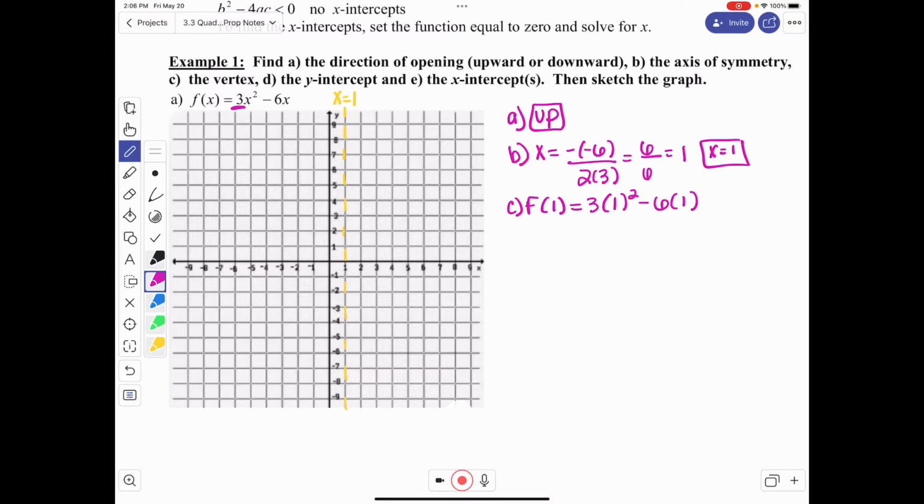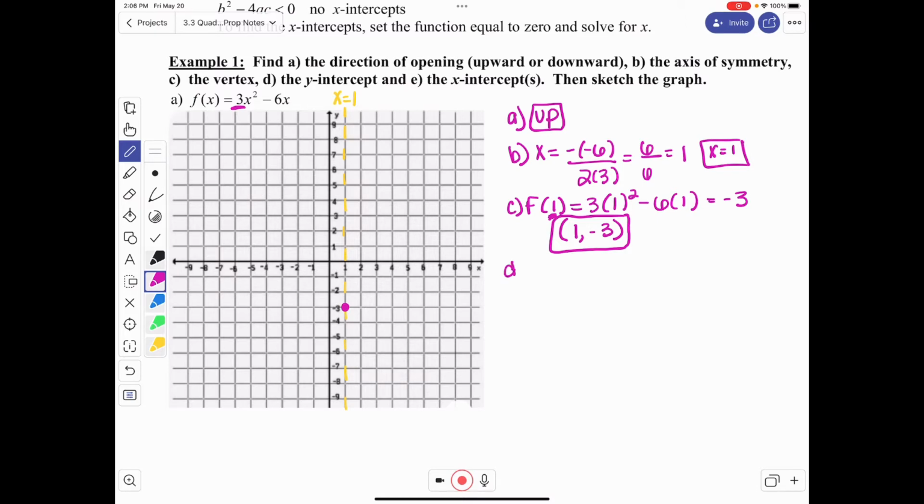So 3 times 1 squared minus 6 times 1, and that should give us negative 3. And remember, this is a point, so we plugged in 1 for the x, and we got out negative 3. And we'll go ahead and plot it.